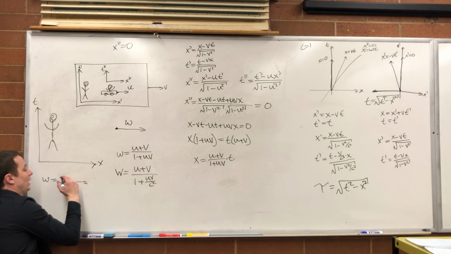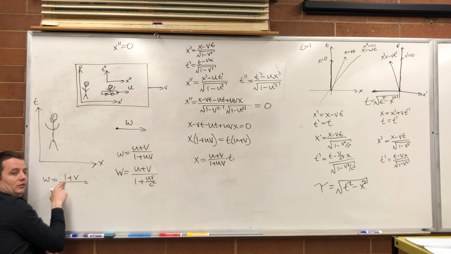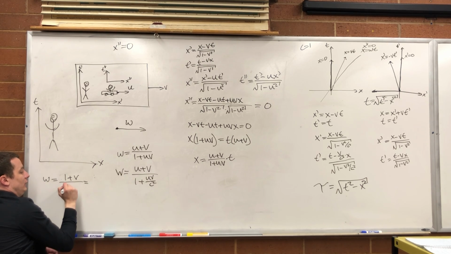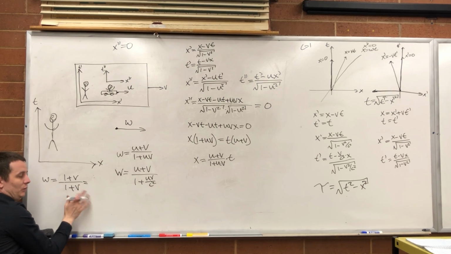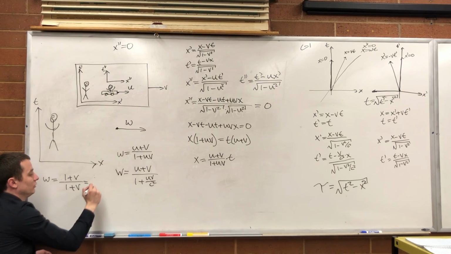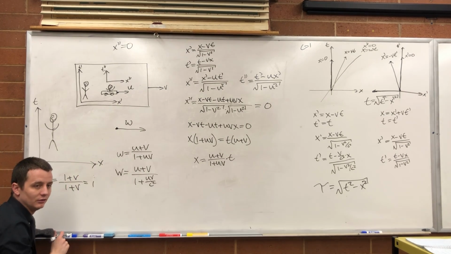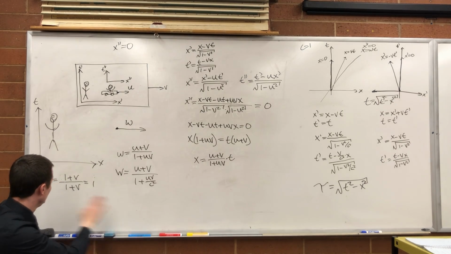I'm traveling some speed v, but u is 1. How fast is it going? Well, that's going to be 1 plus v times 1 over 1 plus v, so just 1. It doesn't matter how fast I'm traveling. If I turn on a flashlight and shoot a photon, you always see it come out as 1.